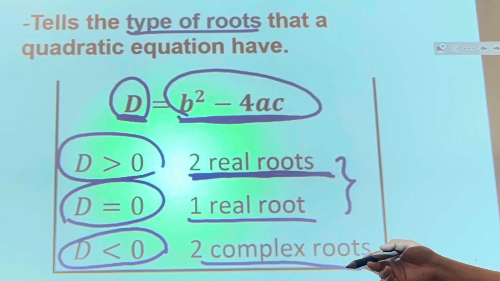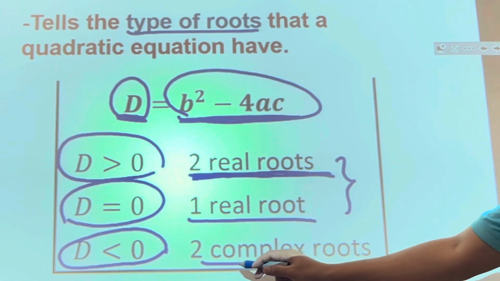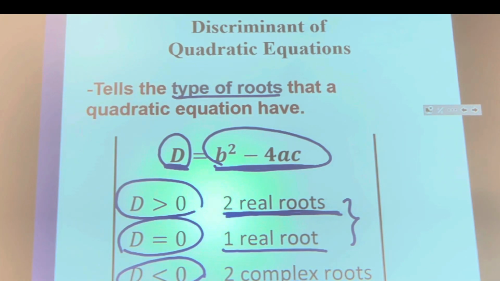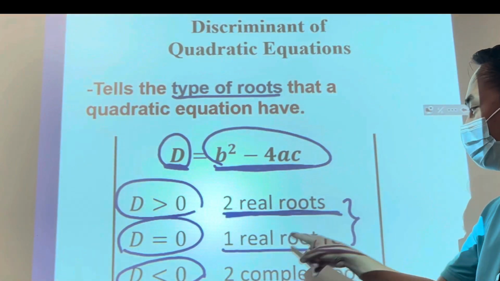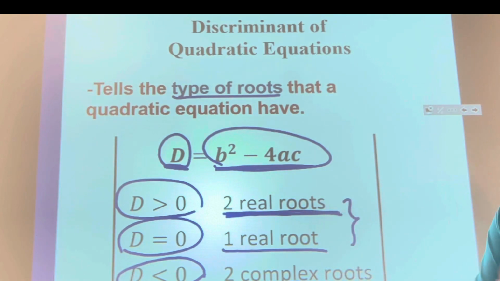This is where you'll get the letter i, because it says here complex roots or imaginary. So the only thing we need to do is compute for D and give the type of roots. This will be your description.